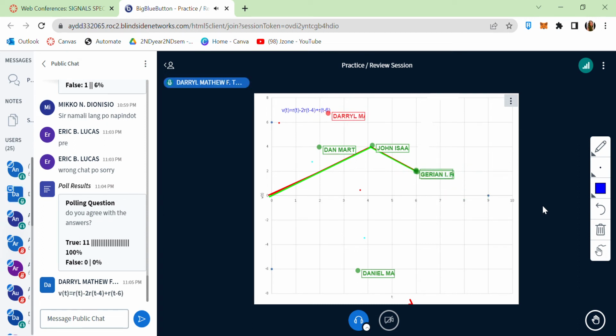Kasi yun yung susunod na ramp natin. So, yung minus 1 na ramp natin, ano na yung mangyayari sa kanya kung i-salpak natin yung r(t minus 6)?